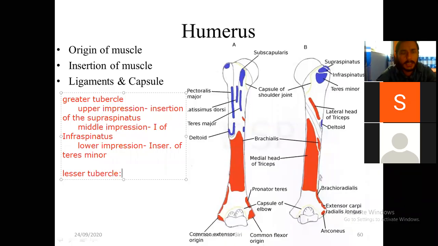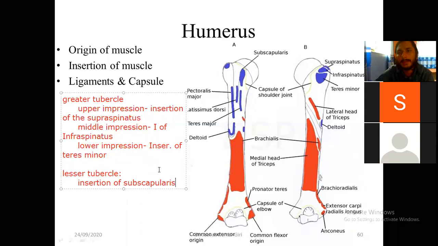In the lesser tubercle there is again the insertion of a muscle, the subscapularis muscle. This is the lesser tubercle here, so there is the insertion of the subscapularis. The origin of subscapularis is in the subscapular fossa.